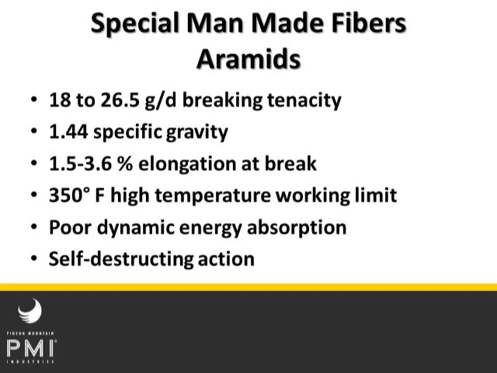350 F is a working limit, which is pretty nice. Poor dynamic energy absorption. That's because of the low elongation, obviously. And some of them have a definite self-destruction action, where the yarn fiber itself, when it braids past itself, has little barbs on it if you look at it under an electron microscope.